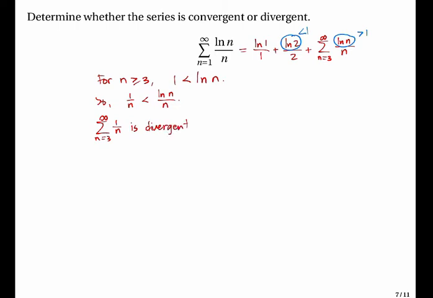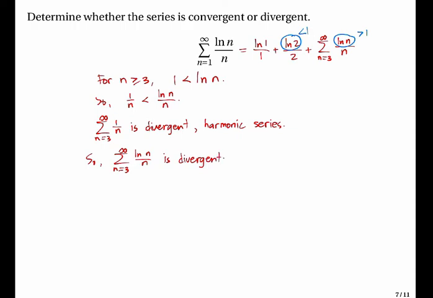It is a p-series with p equals 1, or we know that this is the harmonic series. And therefore, since we have this inequality here, it follows that the series sum of ln n over n from 3 to plus infinity is also divergent.